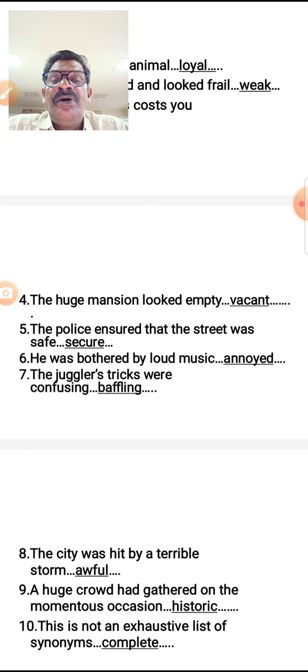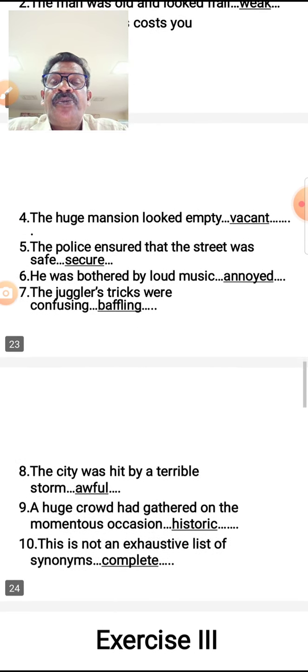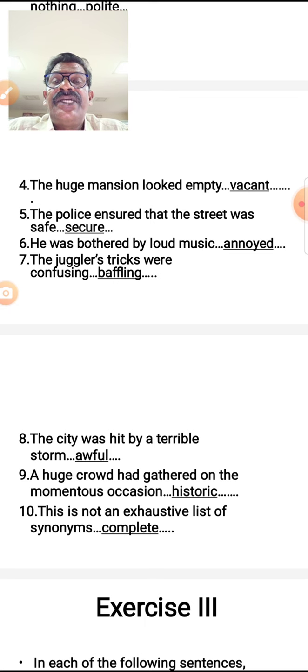The synonym of safe is secure. And now the 6th sentence. He was bothered by loud music. The appropriate synonym for bothered is annoyed. Now look at the 7th sentence. The juggler's tricks were confusing. Here the synonym for confusing is baffling.